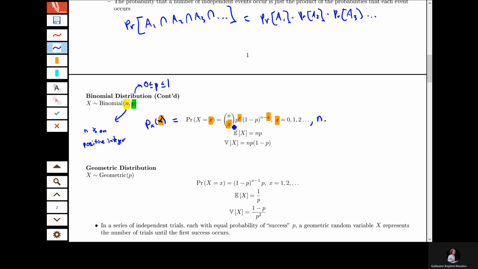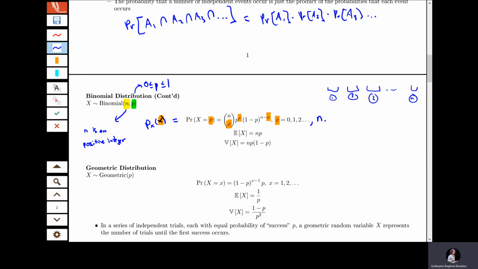Well, you choose x in n, because out of all your trials, let's say I label my trials, the first trial, second trial, third trial, etc., and I have n of them. Well, there are many configurations of which trial yields what results.